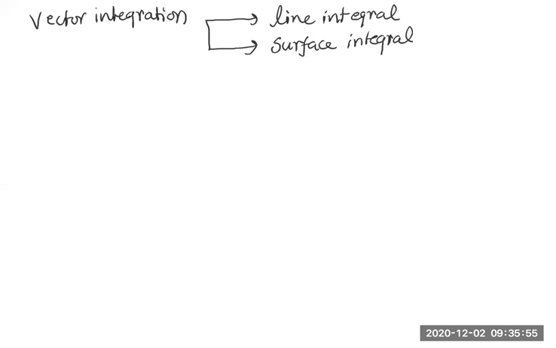Now both are in our syllabus. Fortunately, surface integral we can defer for the moment. Surface integral we can see later on, because right now we don't need it, we will need it later, in electrostatics. So we will leave this right now.